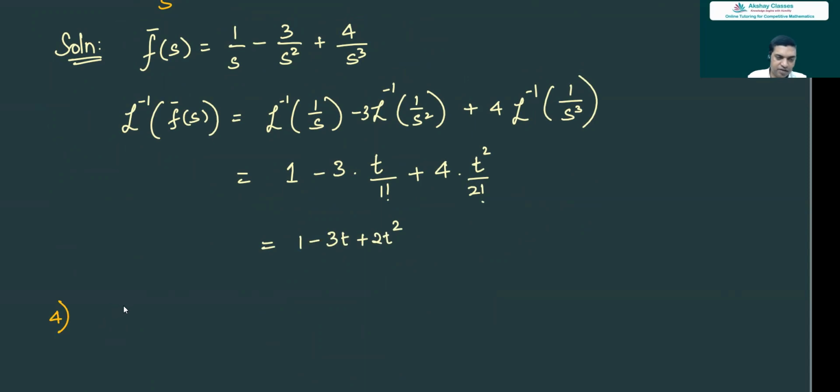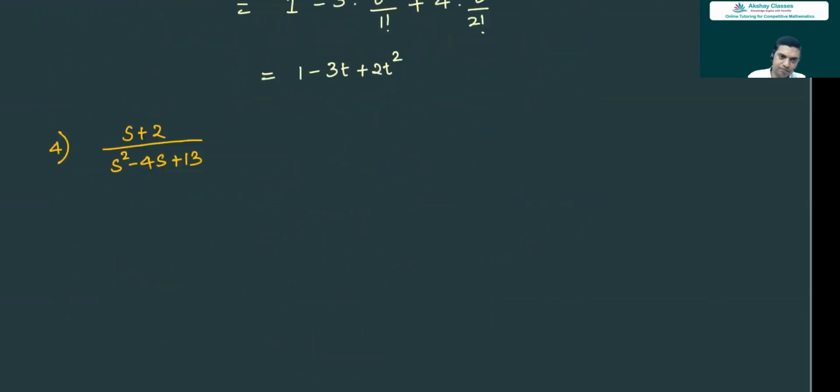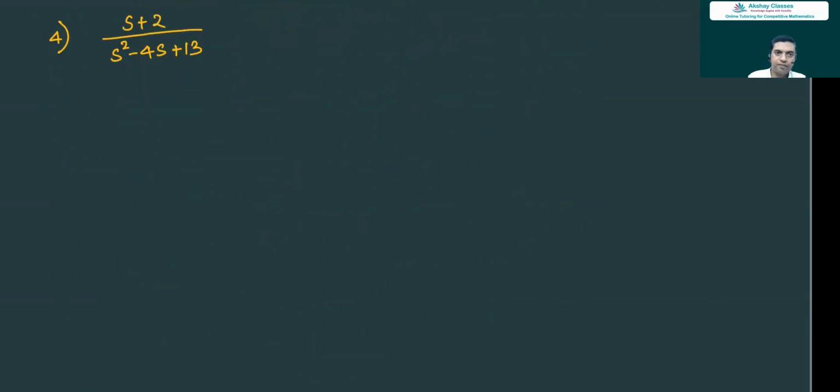Slightly increasing the difficulty. This is s plus 2 by s square minus 4s plus 13. So let's look at the solution.